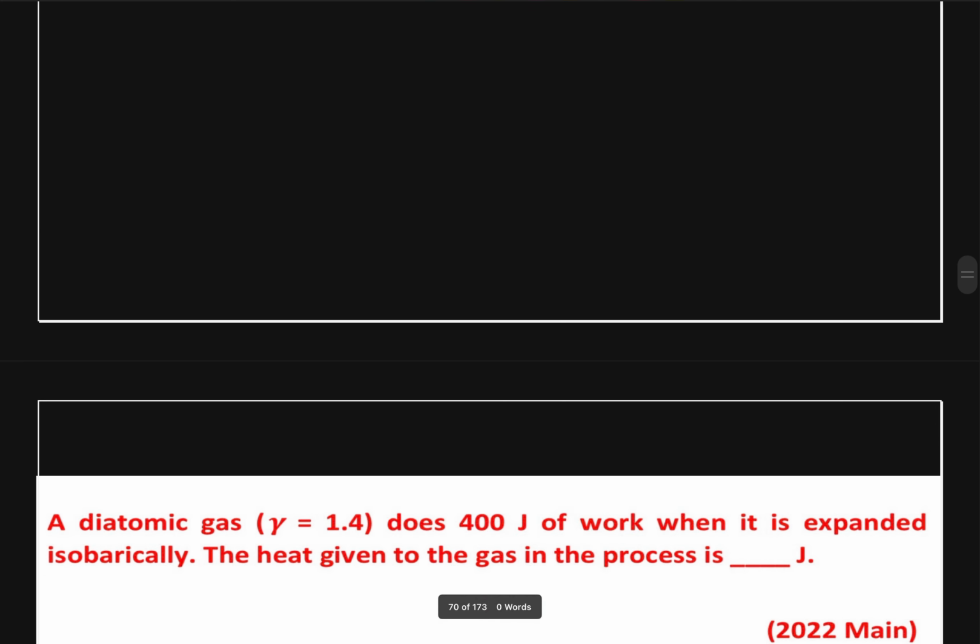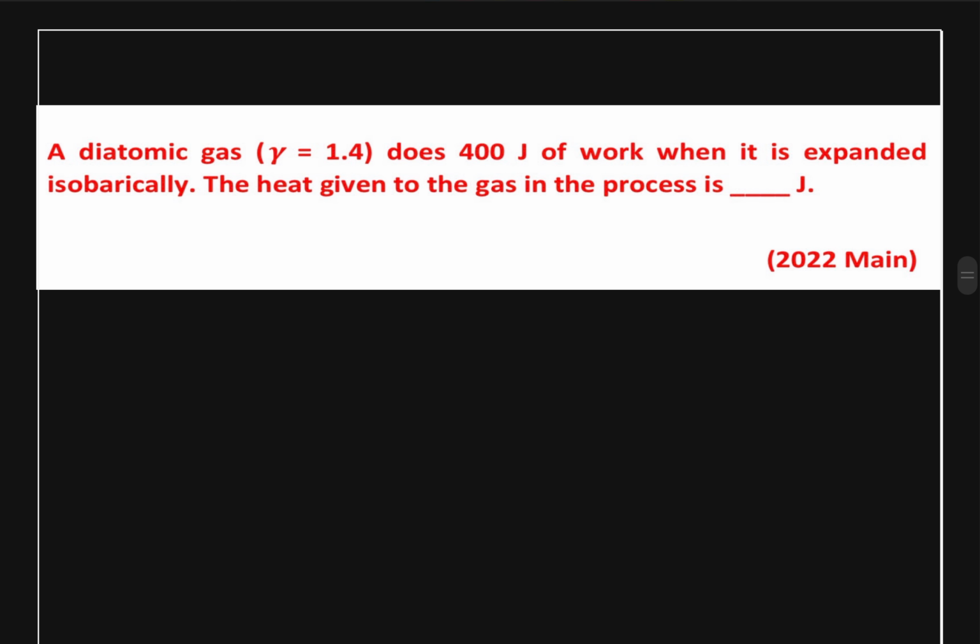Next question. It states that a diatomic gas, gamma is 1.4, does 400 joule of work when it is expanded isobarically. The heat given to the gas in this process is. So basically it is an isobaric process. So we can say that work done will be equal to P delta V, since isobaric means pressure is constant.